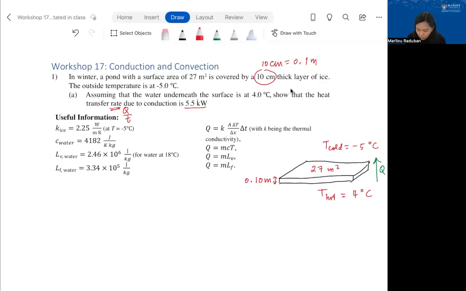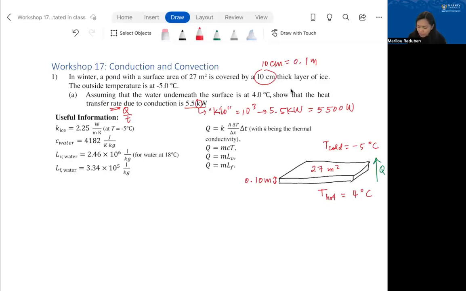The prefix kilo is 10 to the 3, so 5.5 kilowatts also means 5,500 watts, multiplying by 1,000 or 10 to the 3.